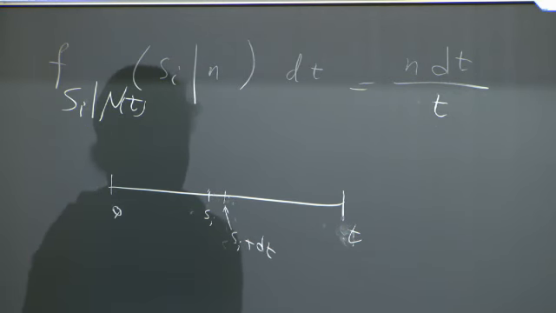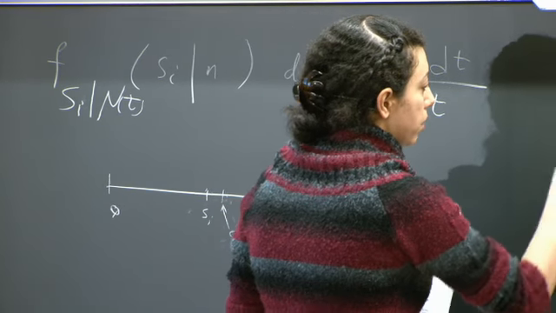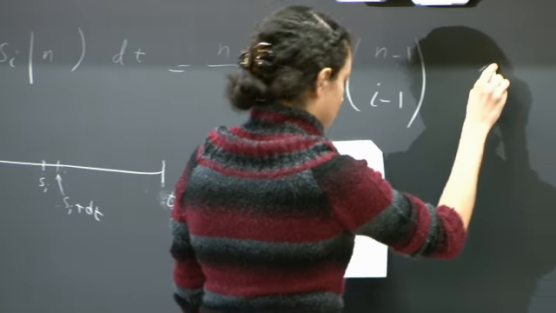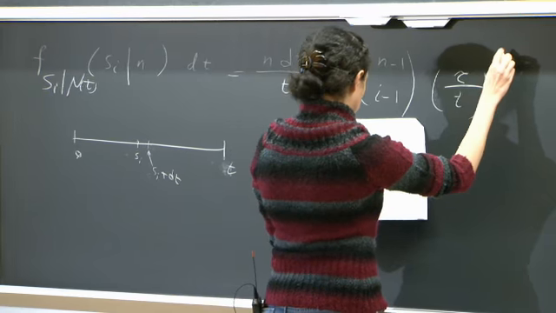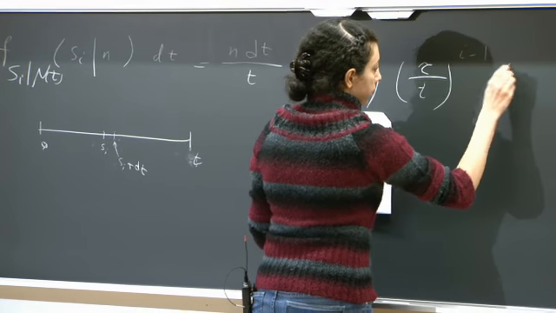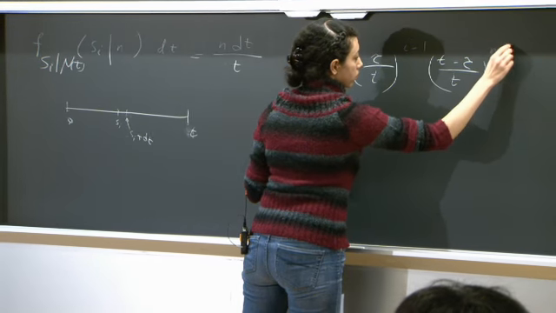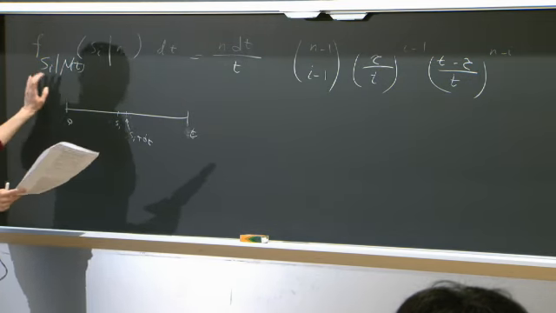So it's like a binomial probability distribution. Out of the n minus one remaining arrivals, I want to have some of them in this interval and some of them here. So this is the distribution of this thing.